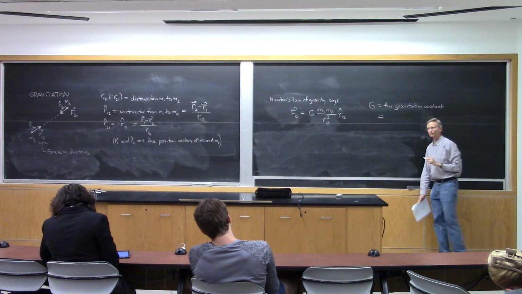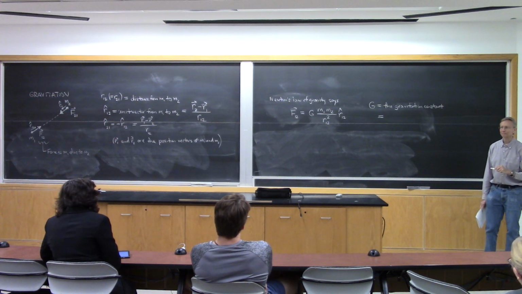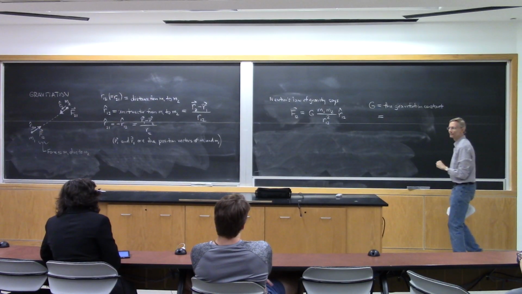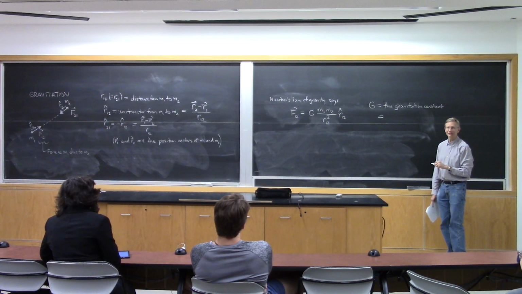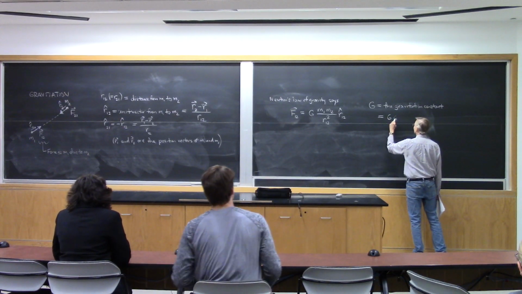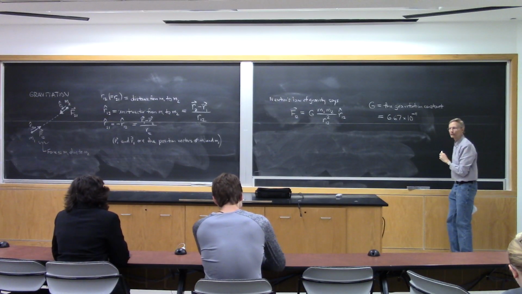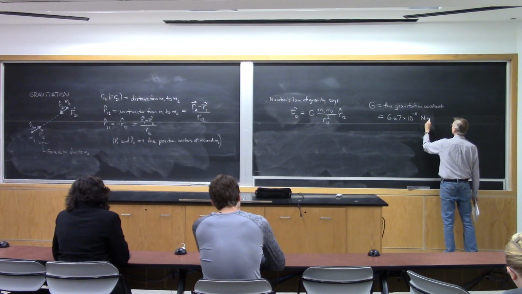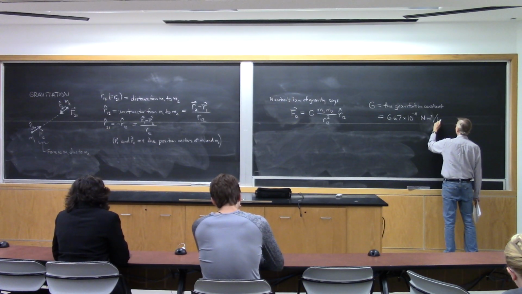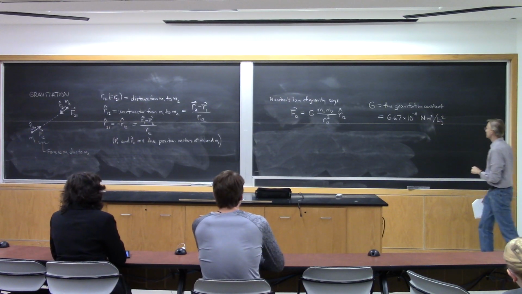The gravitation constant, it's actually not that hard to remember. What, you don't remember it? It's 6.67 times 10 to the minus 11th power newton meter squared per kilogram squared. That has to be the units, right?